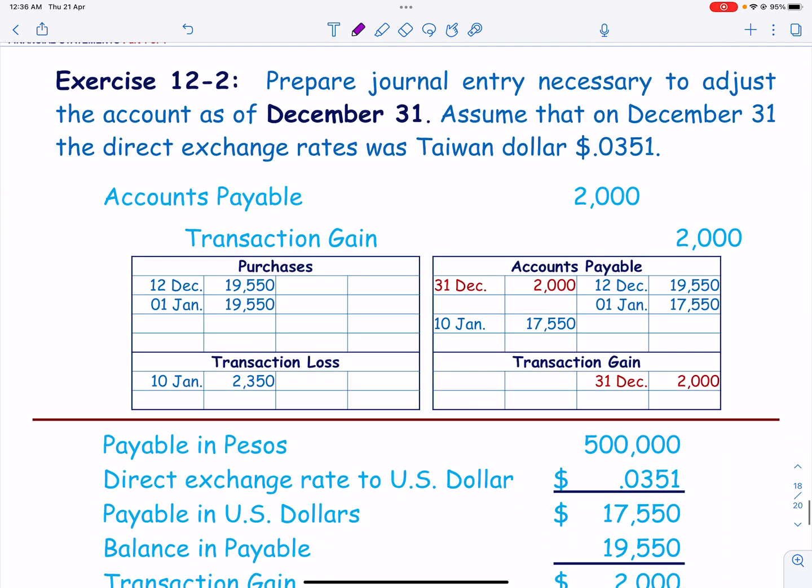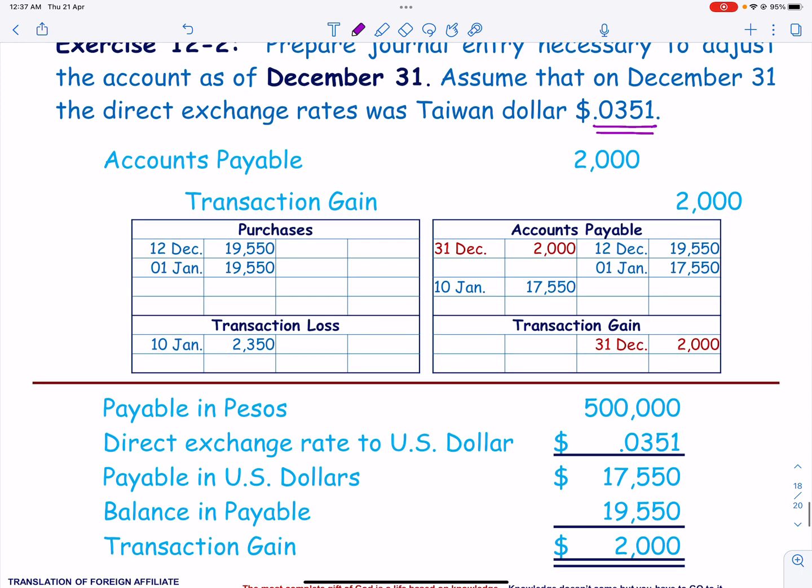Now, on December 31st, the direct exchange rate was 0.0351. On December 12th, the Taiwan dollar was 0.0391. So we need fewer US dollars. So again the US dollar becomes strong, and that is good for the US firm, because with a strong US dollar it needs fewer US dollars to pay Taiwanese dollars.